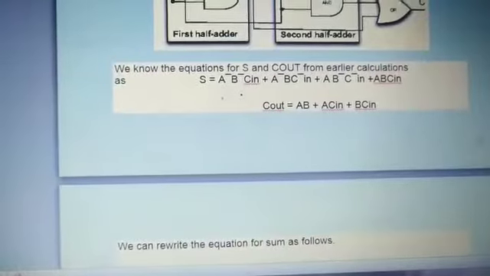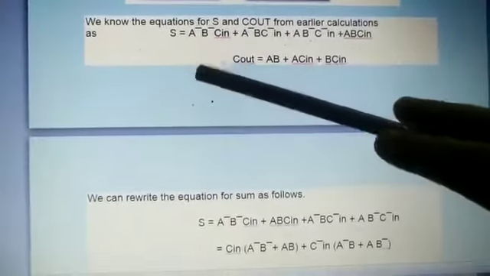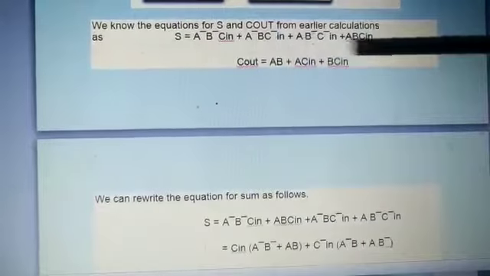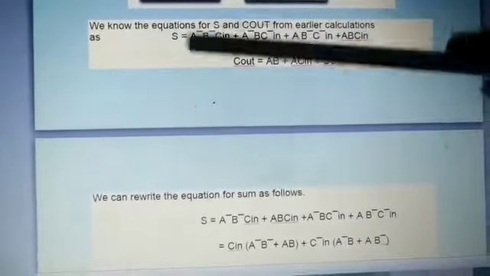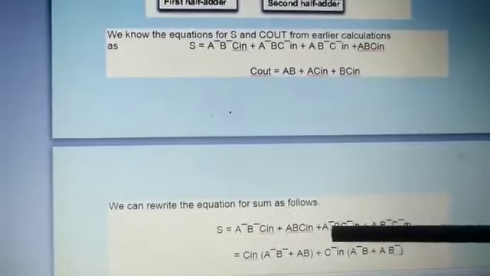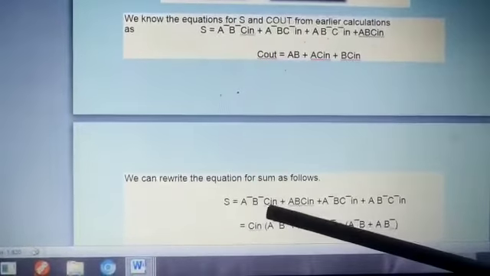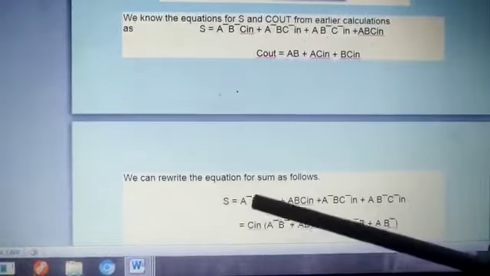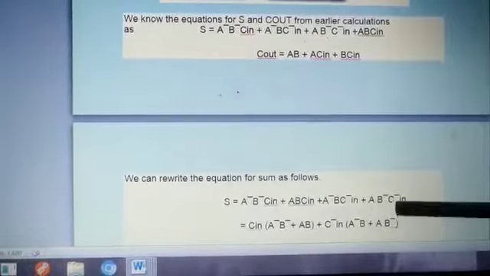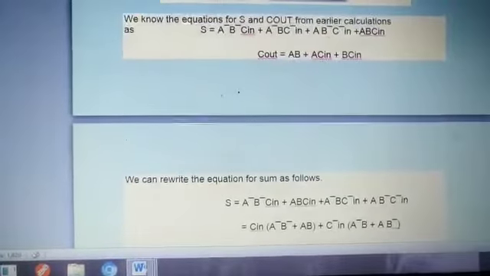Now I am arranging the first equation. In these two Boolean terms C in is common, so I arrange C in and C bar in on the right-hand side, and take them common. What is left is A bar B bar plus AB with C in, and if you take common C bar in, we get A bar B plus AB bar.